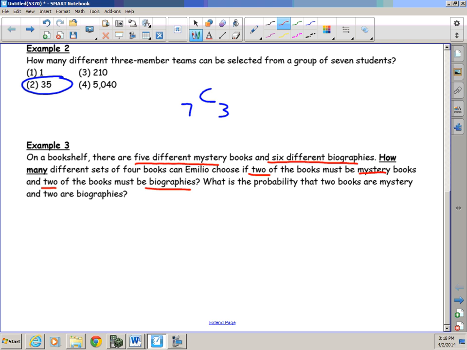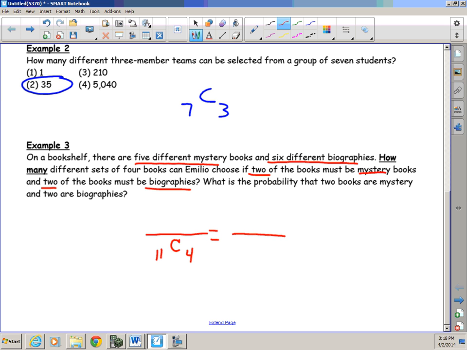Well, the first thing is, since it's a probability question, you know you have a fraction. The denominator of the fraction is the total number of ways something can be chosen. So I have 11 books. It doesn't say anything about the order the books are chosen. So I'm choosing 4 out of 11. That's the total number of groups of 4 different books I can choose.